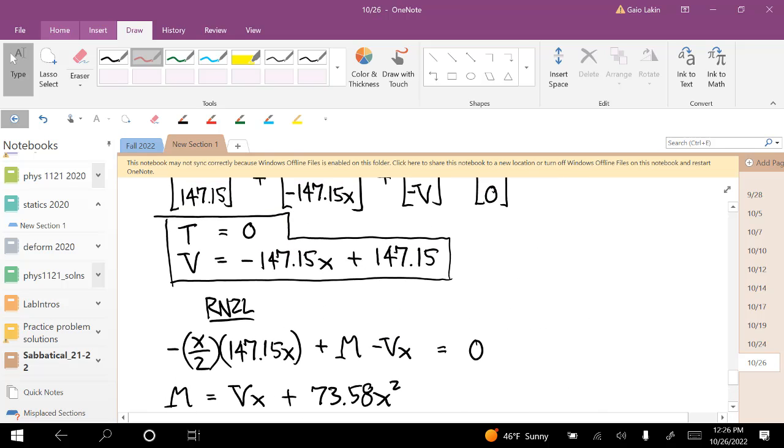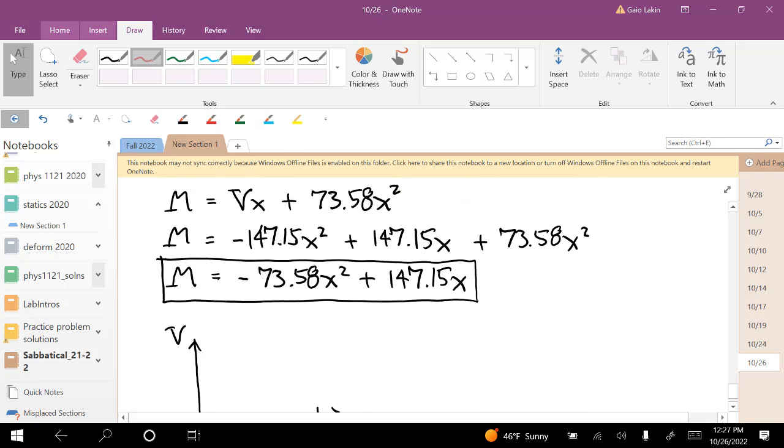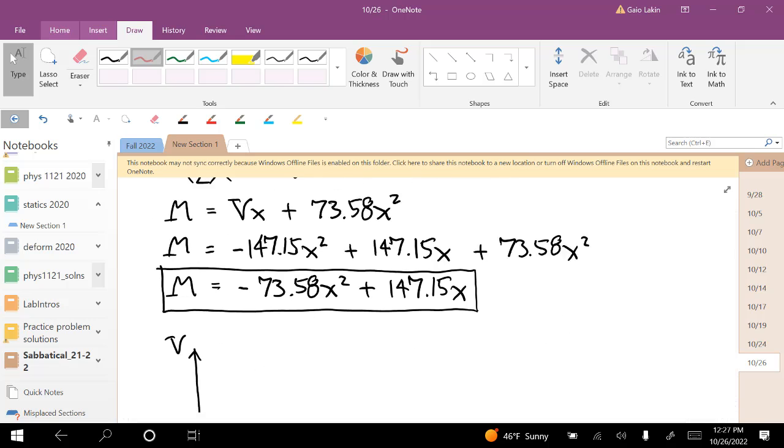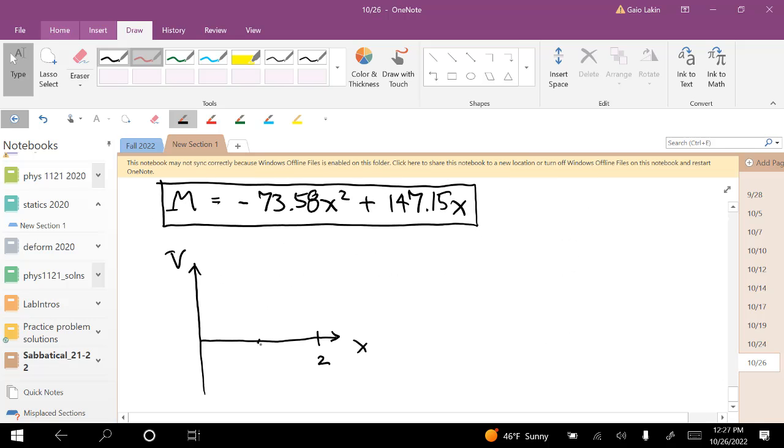Okay, so when x is equal to 0, it's positive 147.15, right? When x is equal to 2, it's negative 147.15, and it's linear. So the shear force is going to look like this.